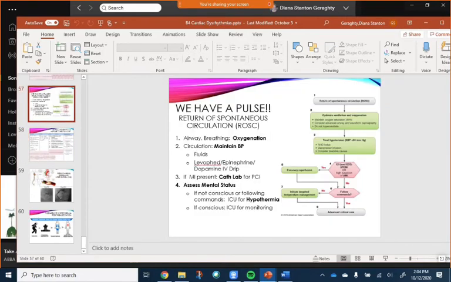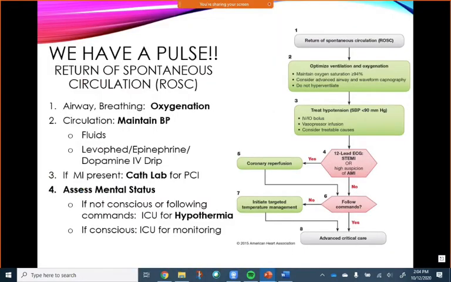So I do have probably one or two questions, maybe one, on return of spontaneous circulation, because you did such an amazing job that you got the heart back. And the key is that you maintain oxygen and blood pressure and send them to the cath lab if they need to go to the cath lab. If they do not, then we decide whether they need hypothermia or not.